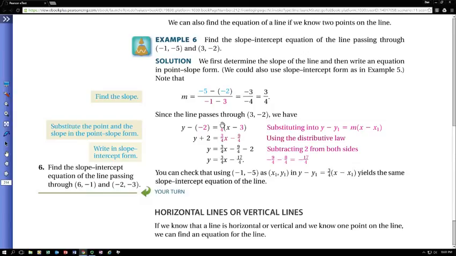Then they give us a point, like the y-intercept, and a slope. Hey, I can put that in the slope-intercept form and have an equation if that's what they're looking for. This part here, you've got to go to the next level and say, what do I need to write an equation?